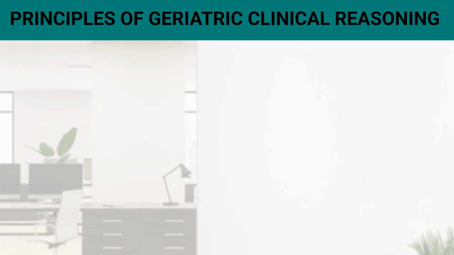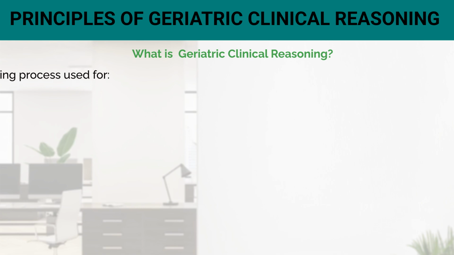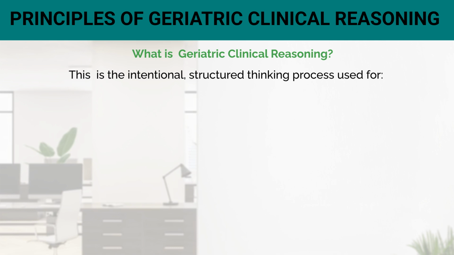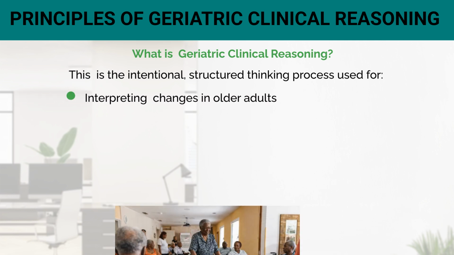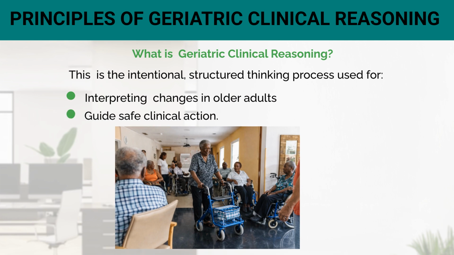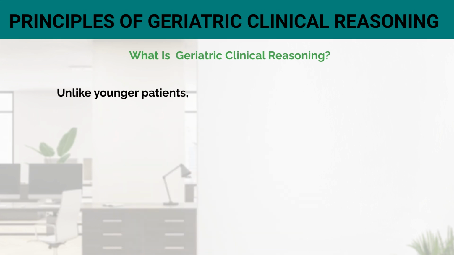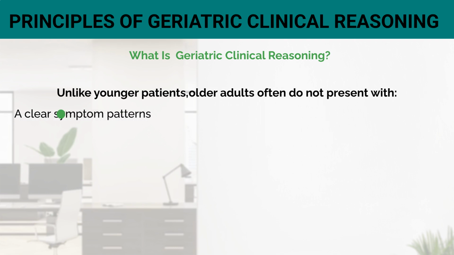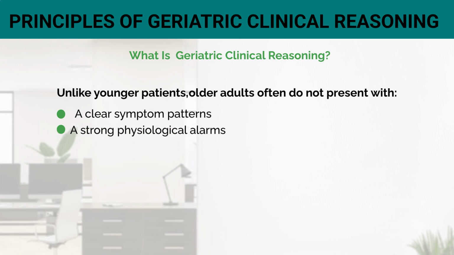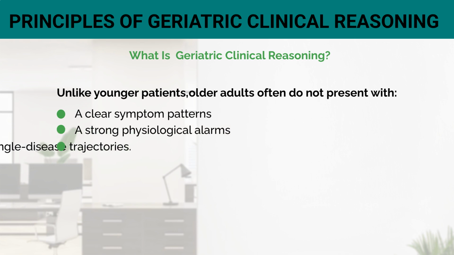We will start with knowing what geriatric clinical reasoning is. Geriatric clinical reasoning is the intentional, structured thinking process used to interpret changes in older adults and guide safe clinical action. Unlike younger patients, older adults often do not present with clear symptom patterns, strong physiological alarms, or single disease trajectories.